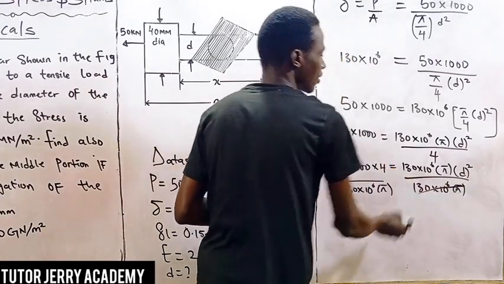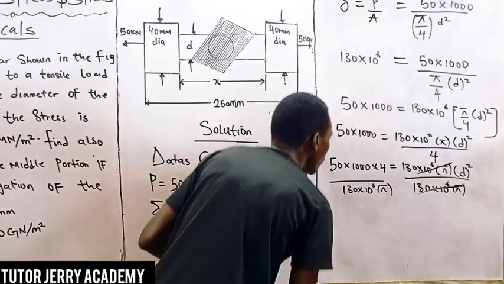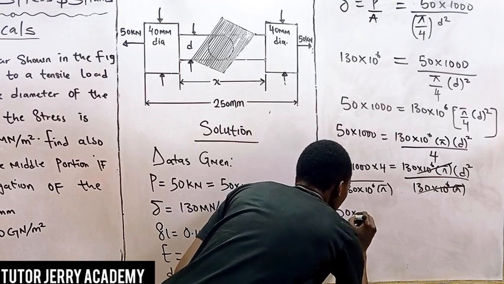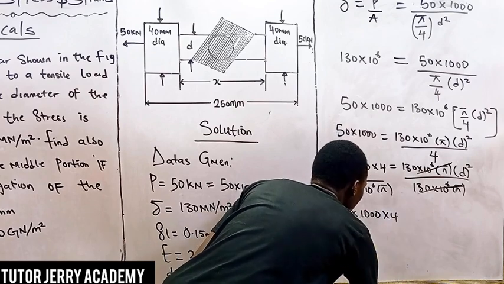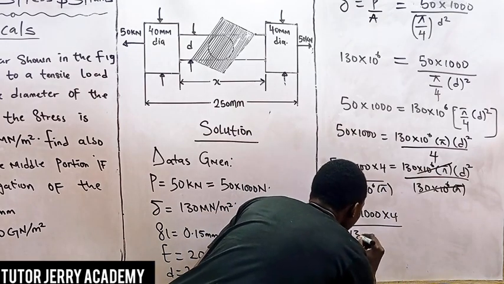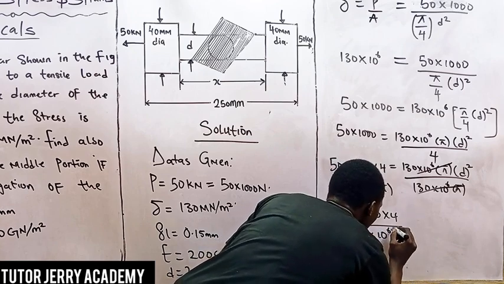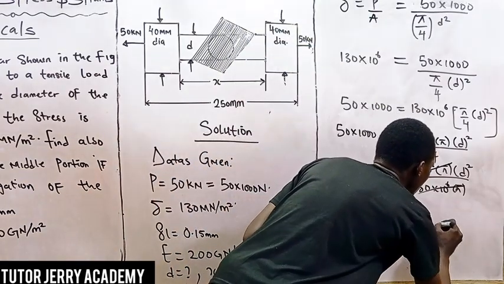Of course, you know that 130 times 10 to the power of 6 will go with 130 times 10 to the power of 6, pi will go with pi. So I'll be left with 50 times 1000 times 4 all over 130 times 10 to the power of 6 multiplied by pi, equal to D squared.